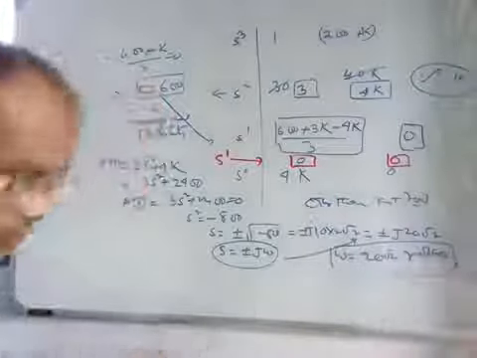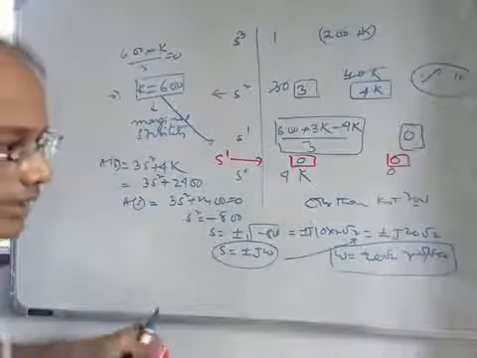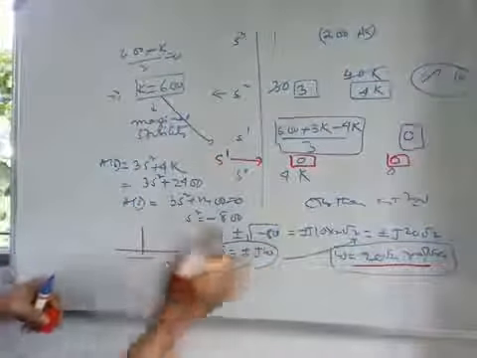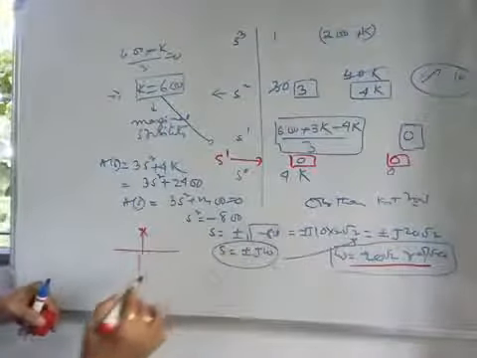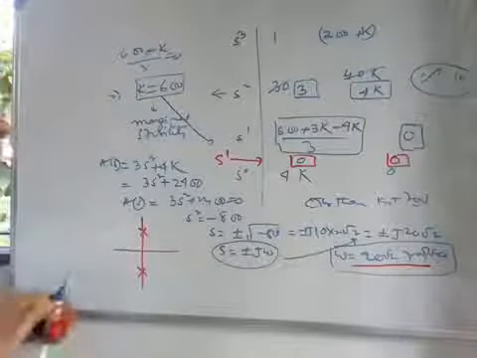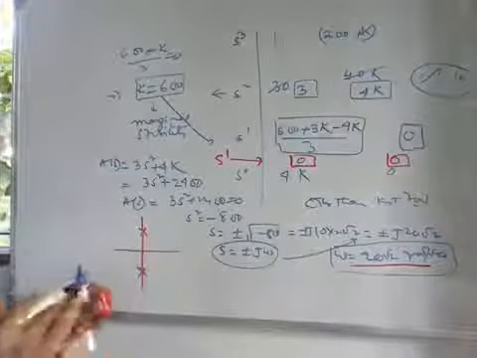Okay, so this is the frequency of oscillations, and again we have proved that the poles are located at plus 20 root 2 j and minus 20 root 2 j, that means on the imaginary axis. So that means the system is marginally stable.